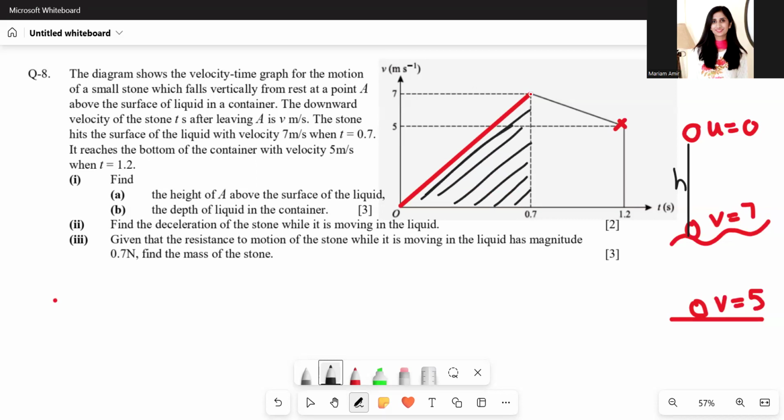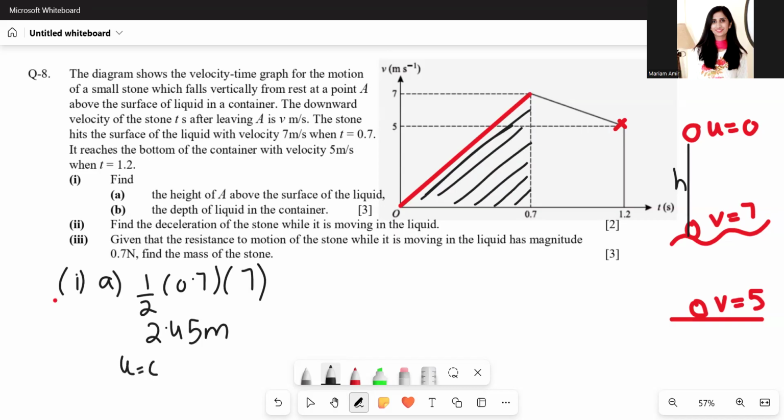So either you could use the formula for area under the graph. That would be half times base times height, which gives 2.45 meters. Or you could use equations of motion.